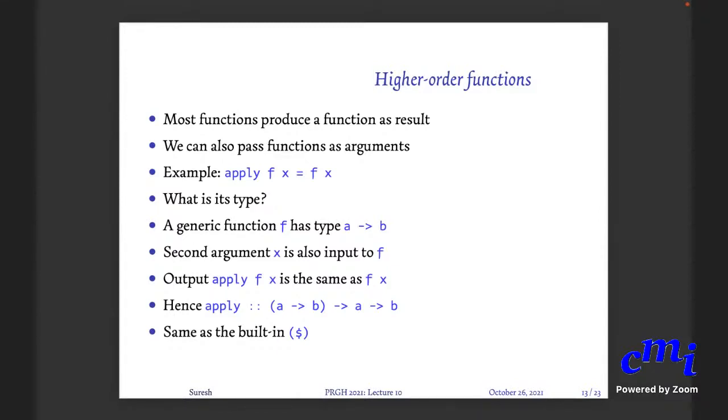Instead of saying f of some complicated expression within parentheses, you say f $ and the complicated expression on the right. It will automatically take the thing on the right to be one whole expression and an argument to be passed to the function given on the left. So that is the use of this $. And this is a sort of degenerate higher order function, if you will. It doesn't do much.